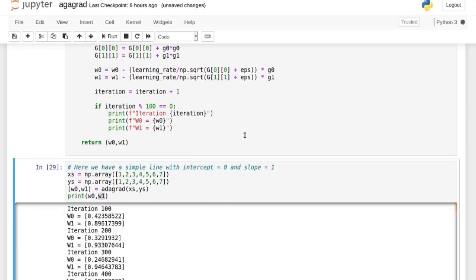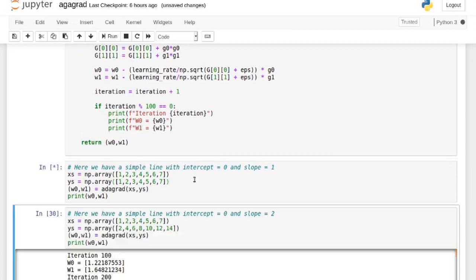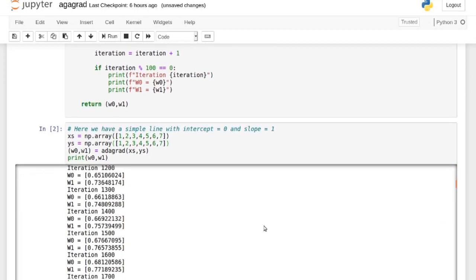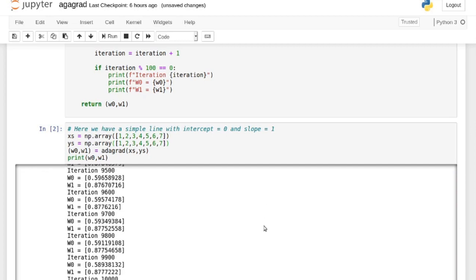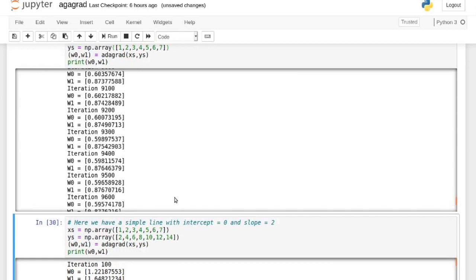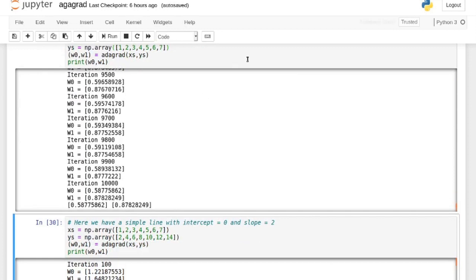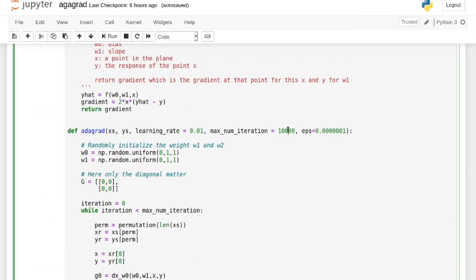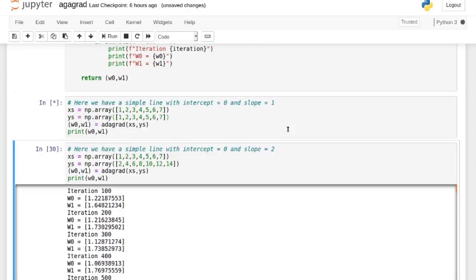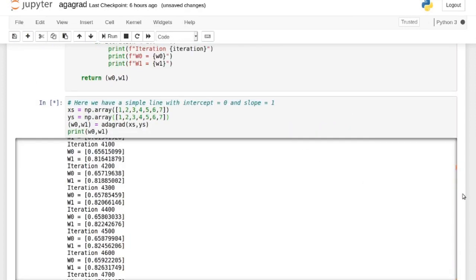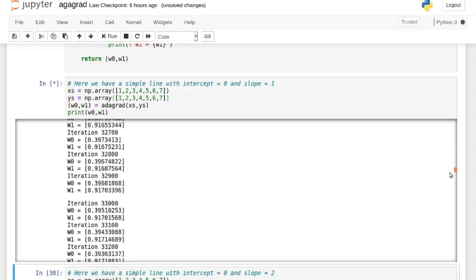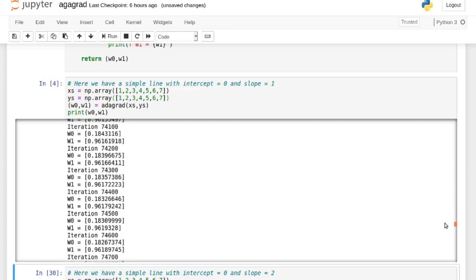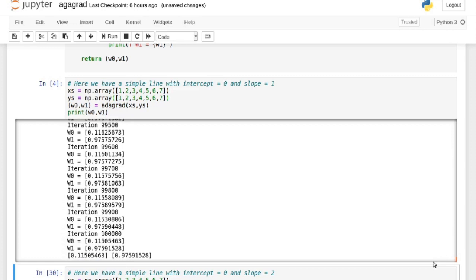So let's look at if this thing is actually working. So can we get down to, he's having trouble with this one. Yeah. This one will run for a while. Like I said, the Adagrad algorithm is not really made for this, and you see it's going down, but it needs way more iterations.